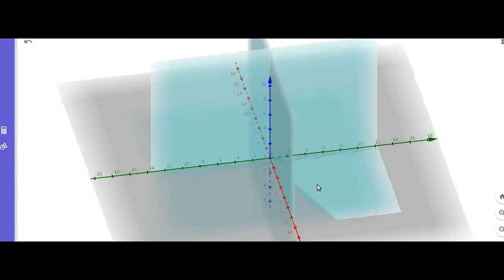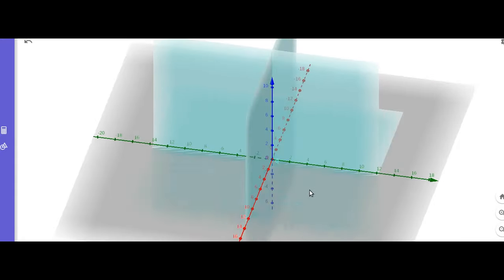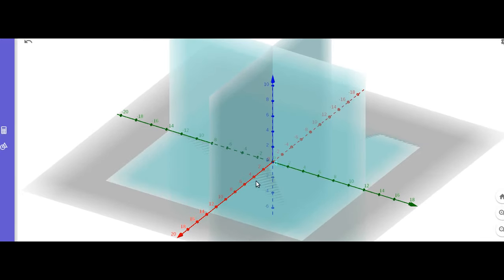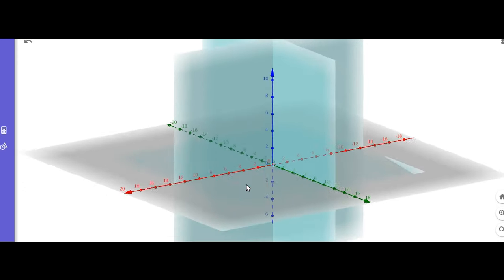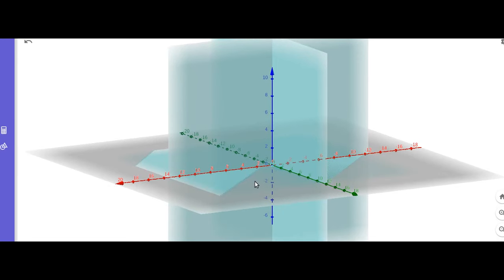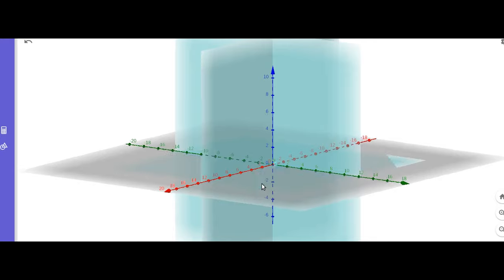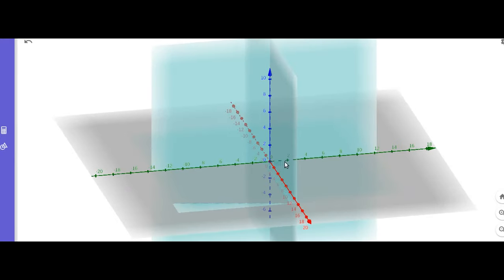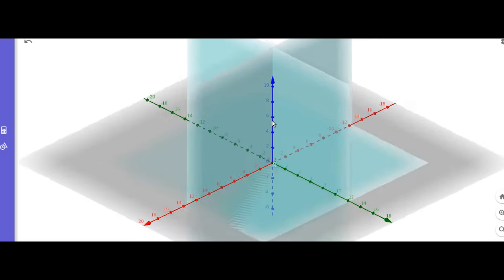And like in two-dimensional geometry, if you look at this, you can see that red is x, green is y, blue is z. You can see that this is the first octant. I am calling it the first octant because all the red numbers are positive, the green numbers are positive, the blue numbers are positive.